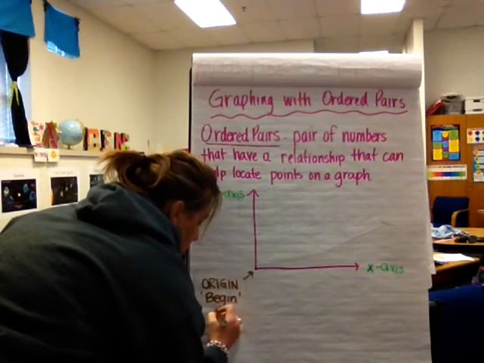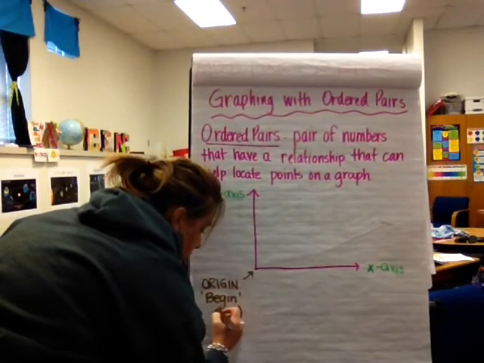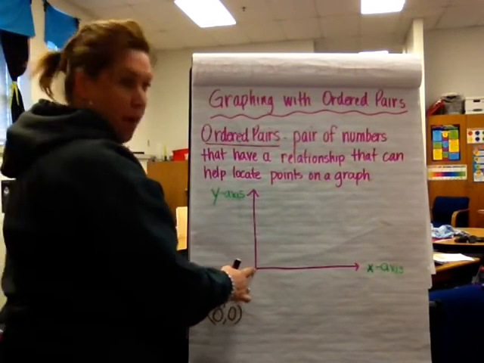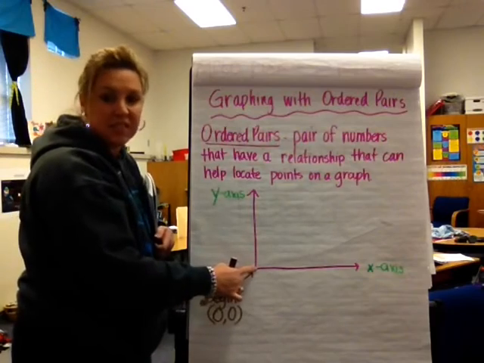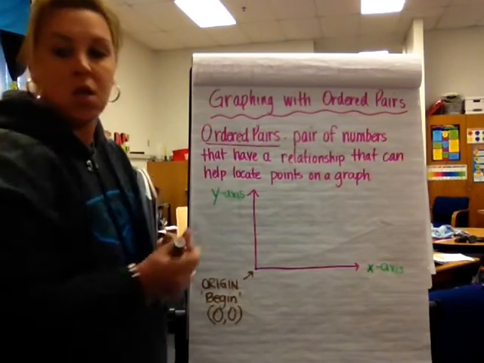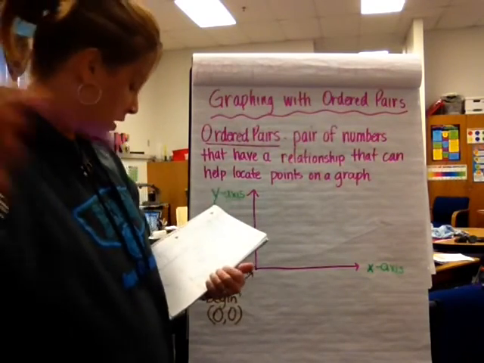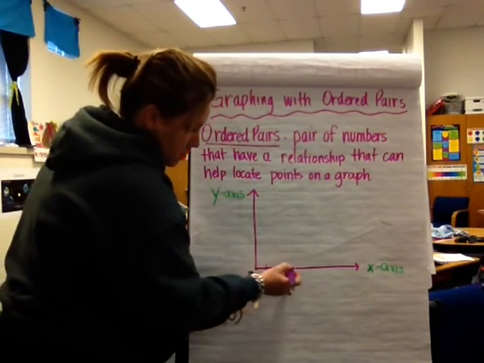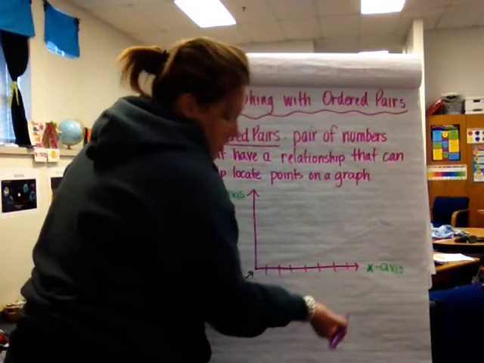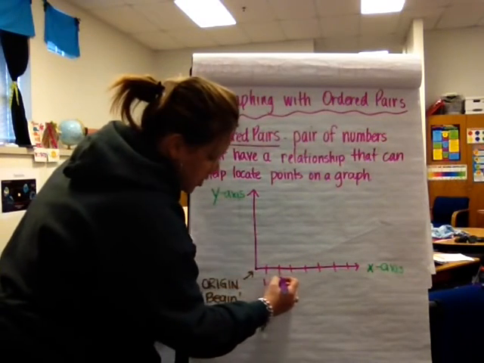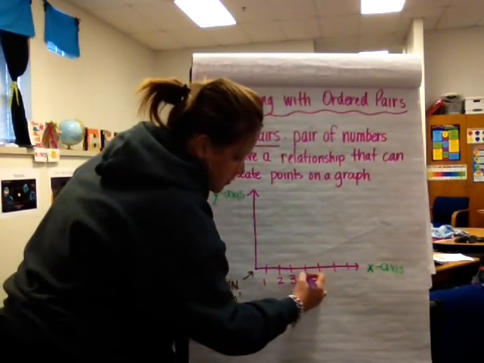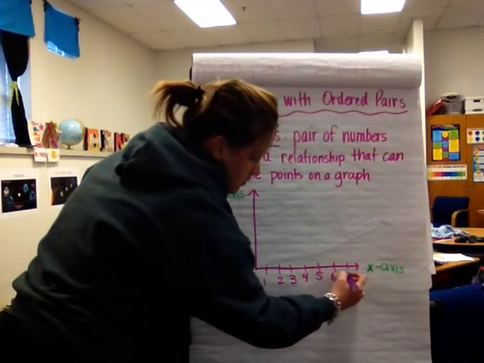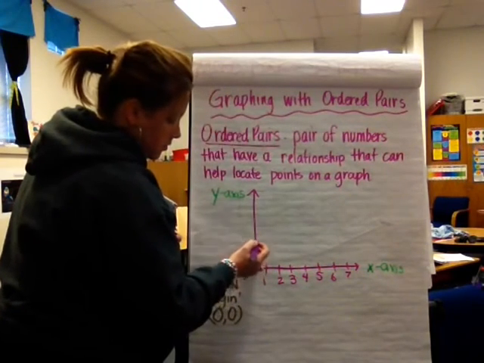And believe it or not, you do have coordinates for this. This is 0, 0. I'm running nothing, jumping nothing. This is 0, 0. So when you're looking at this, 1, 2, 3, 4, 5, 6, 7. It doesn't matter how many you have, at least have more than 5. Same thing here.